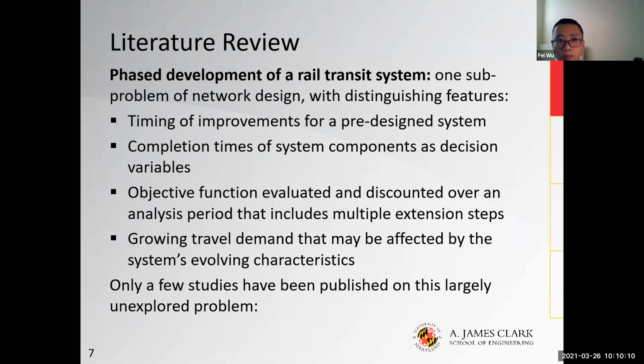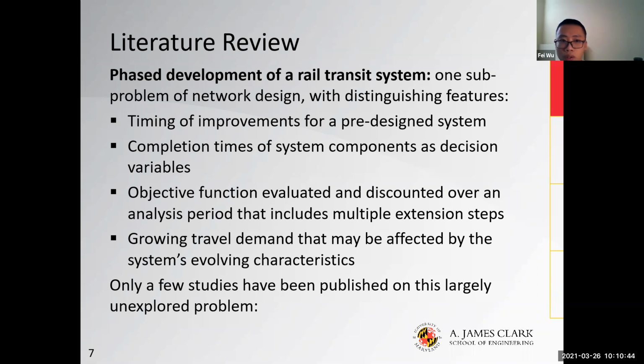These are the most common features of the phase development of rail transit systems. The features include timings of improvements for a pre-designed system, and we need to determine the completion time of the different components in the system as decision variables.